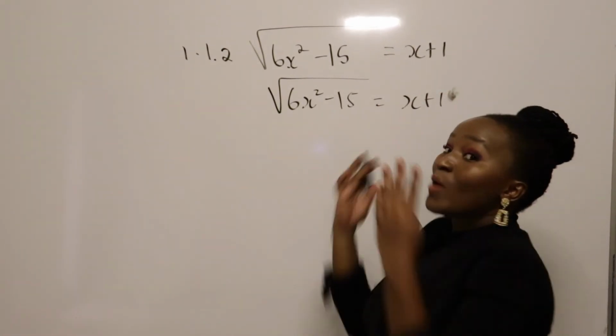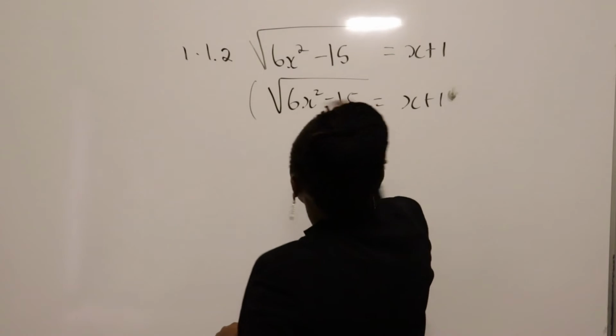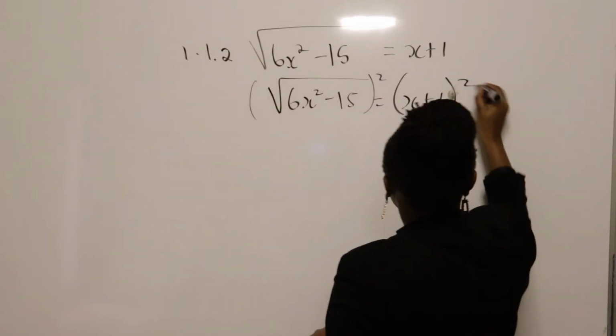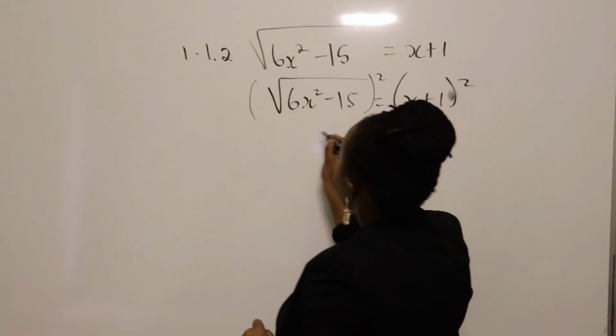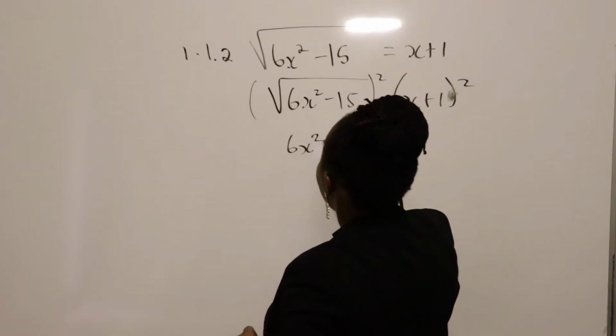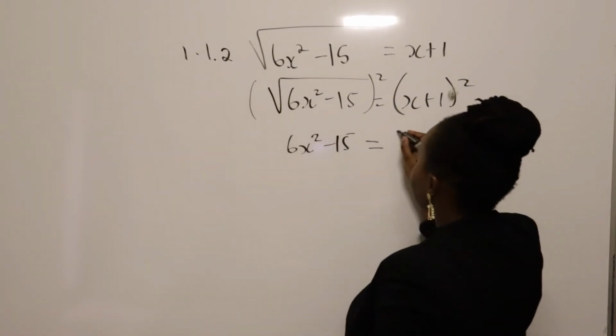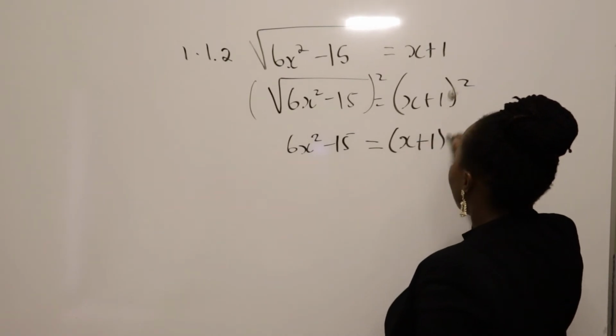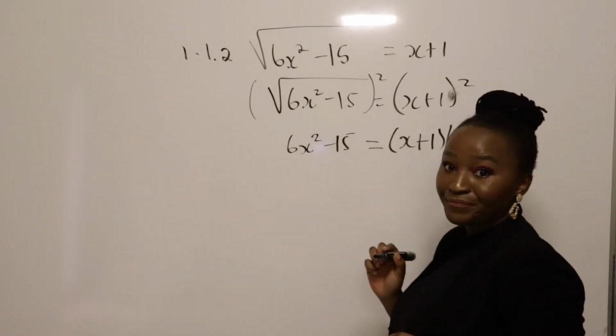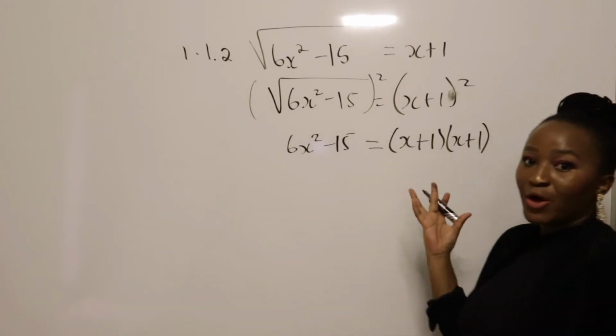I will square both sides to remove the square root. So this side I'll be left with 6x squared minus 15 equal to, I will expand this, x plus 1, x plus 1. Right? Here we go.